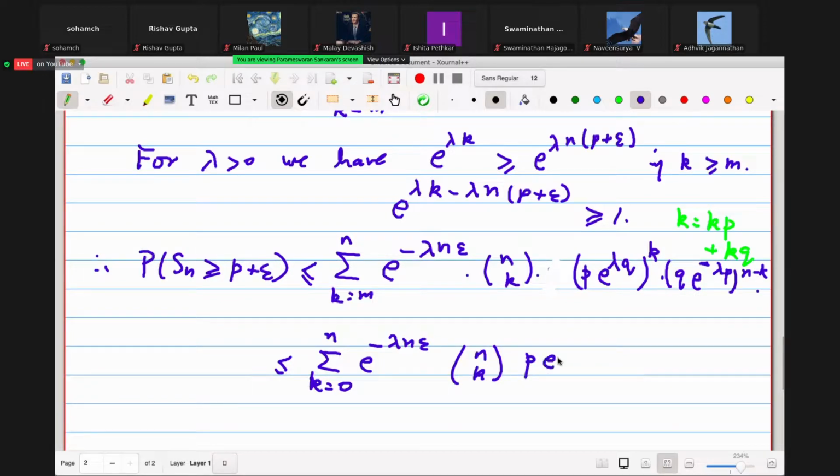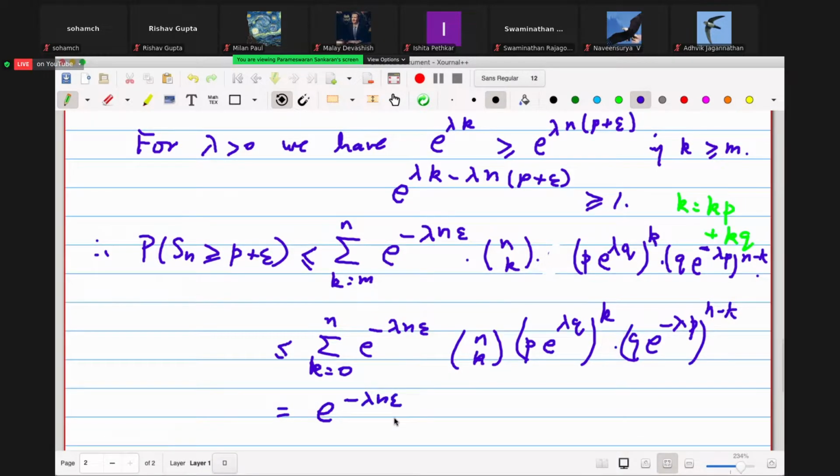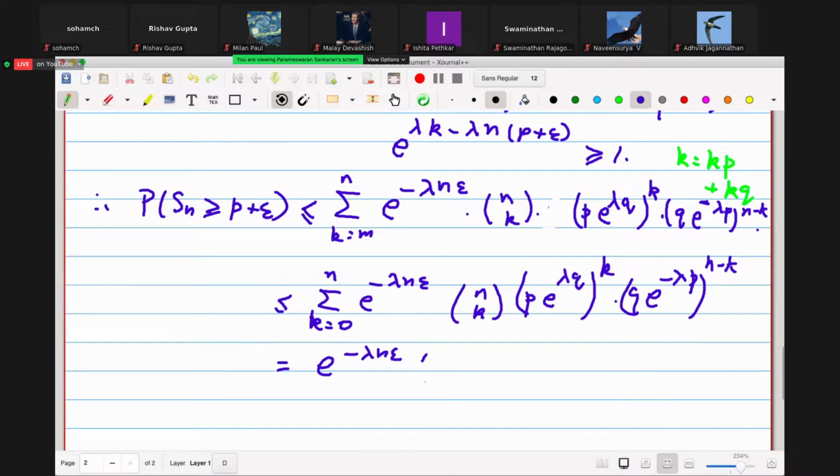So p e power lambda q whole power k times q e power minus lambda p whole power n minus k. And now that fits into the binomial theorem, which is equal to e power minus lambda n epsilon, which is going to be there throughout. And now you get p e power lambda q plus q e power minus lambda p, whole power n.